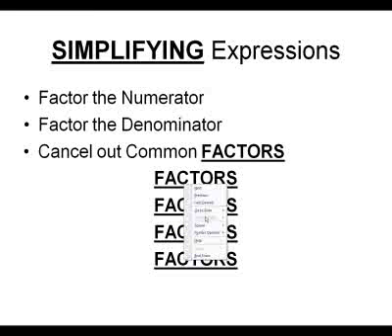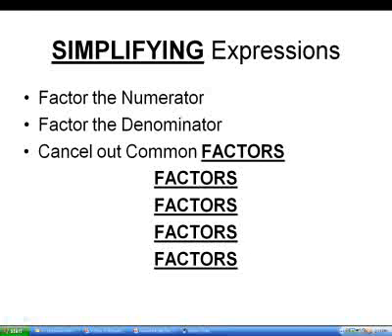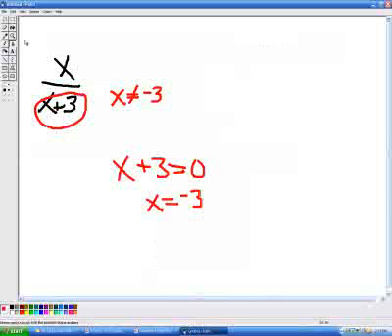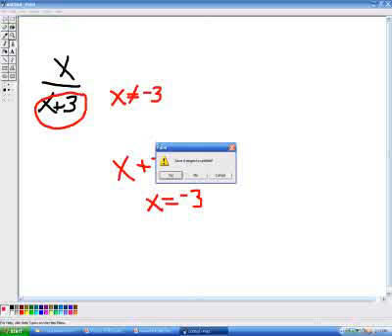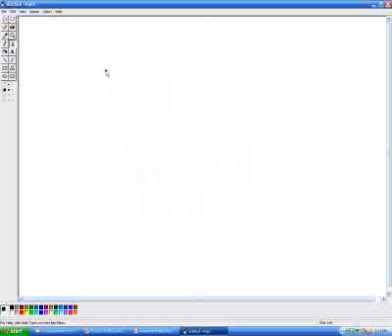Let's go ahead and take a look at that over here on the Paint program. Okay. Let's say we have the rational expression x squared plus x over x squared minus 1.